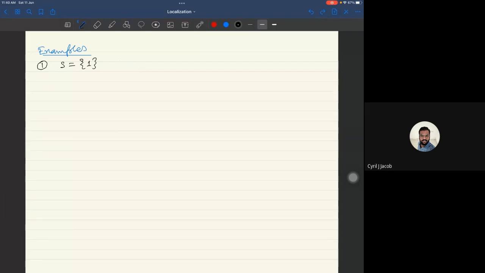Can anyone tell me what is S inverse R? You are just inverting one.